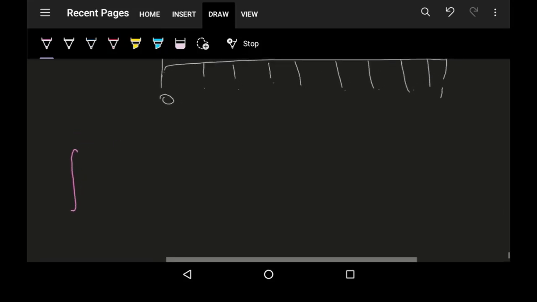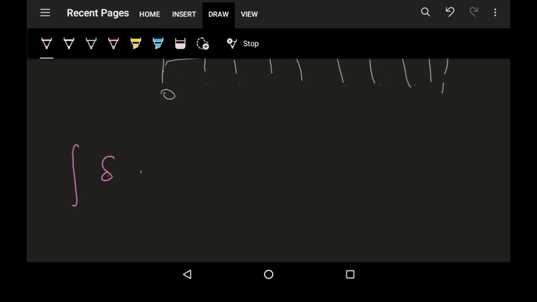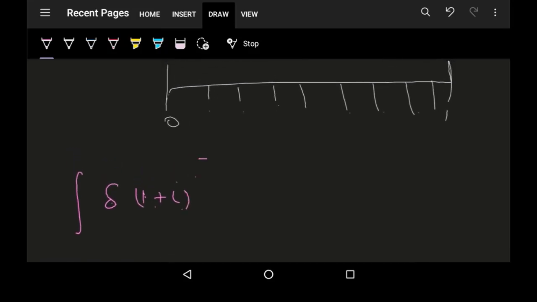So I will take this amount delta, (1 plus i) to the power 1 minus t, dt.